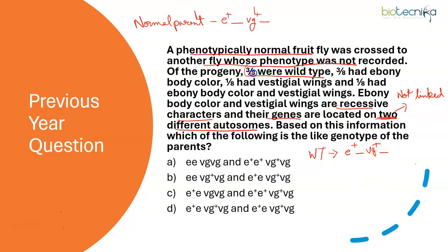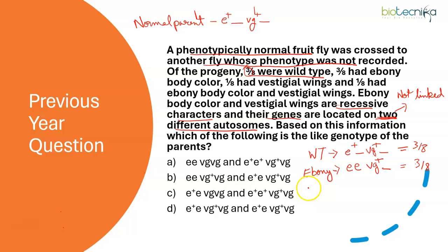The proportion we expect is 3 by 8. Next is ebony body color. If only ebony body color is given, it means for the wing type it is wild type. Ebony body color is only possible when it is small e, because ebony body color is a recessive character, so the individual has to be in the homozygous state. And wild type wing type will be VG plus dash. The proportion that we expect is 3 by 8.